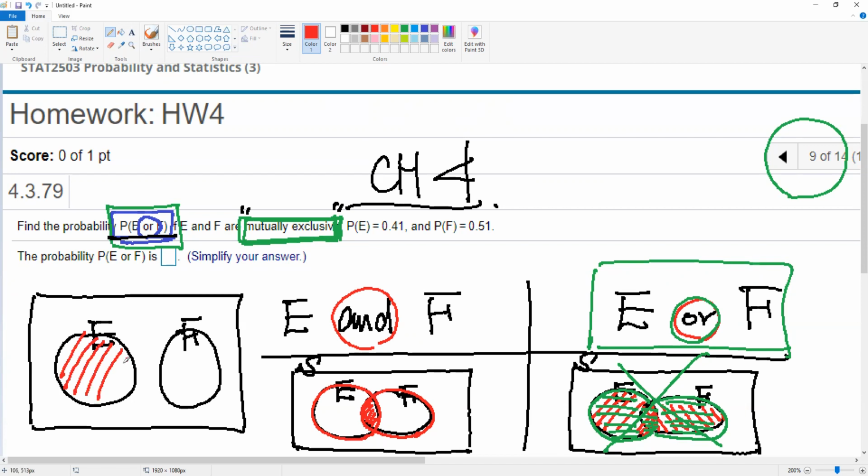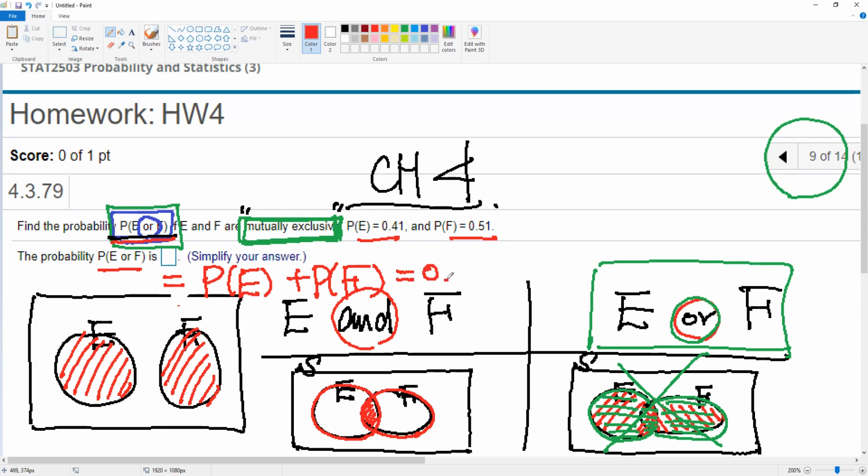So we need the probability of E and the probability of F, but they are given here. It will be simply the probability of E plus the probability of F, because they are separated.